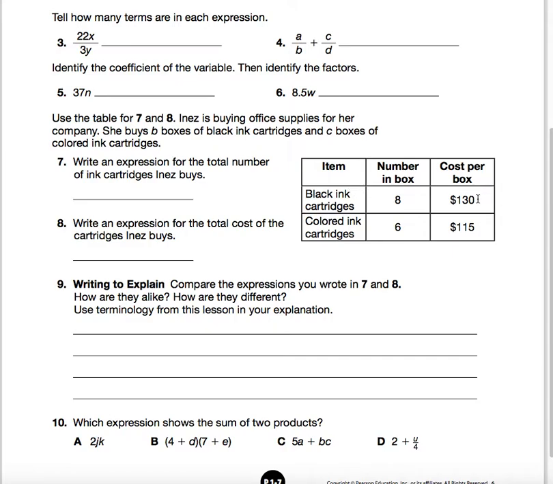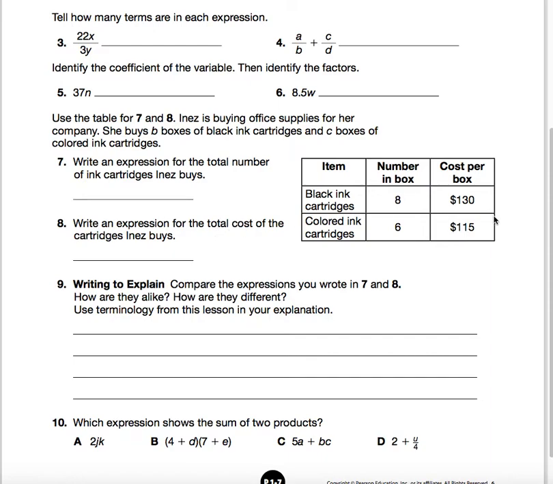So you're going to buy 130 black cartridges. We don't know how many we're going to buy, so you'll use a variable here. We're going to buy some colored cartridges, C. We know that they cost $115, but we don't know how many we're going to actually purchase. And then we want to know the total cost.